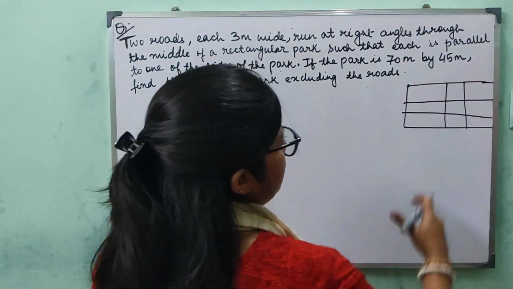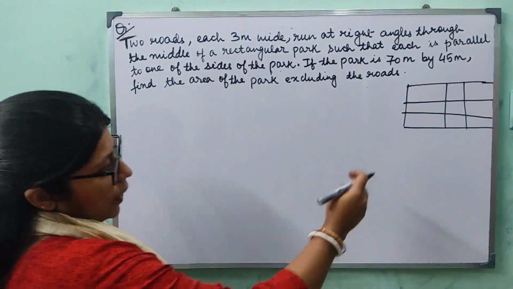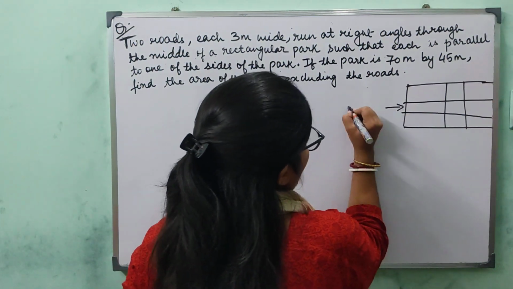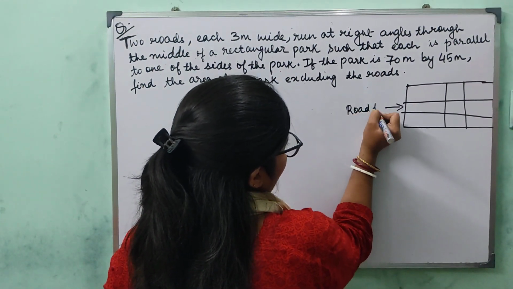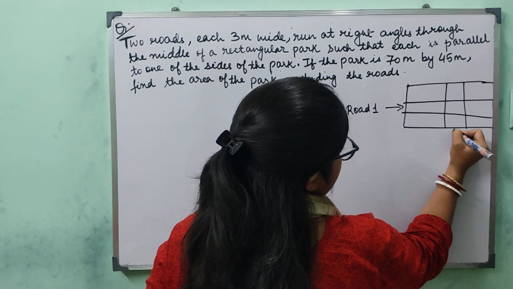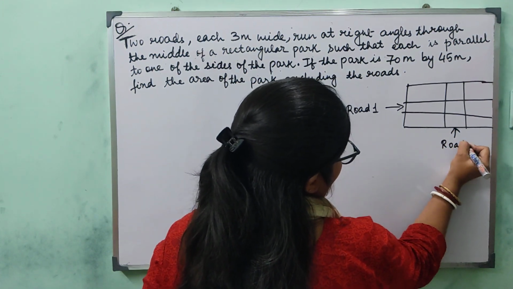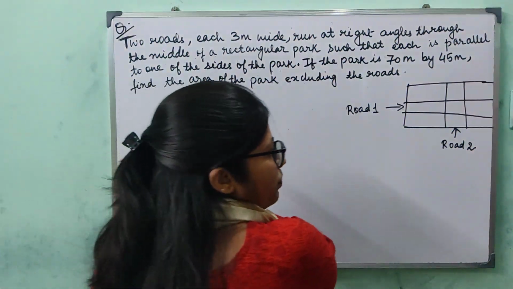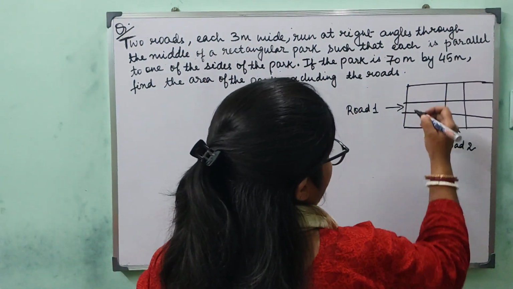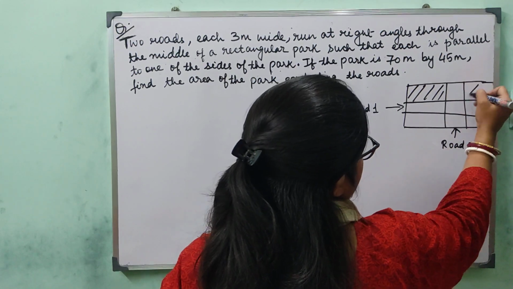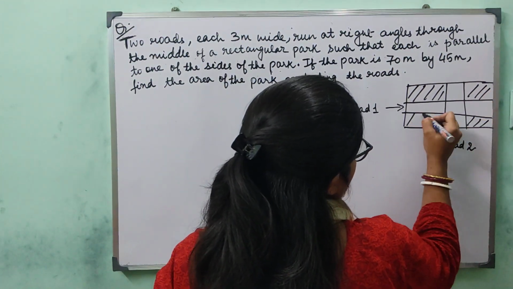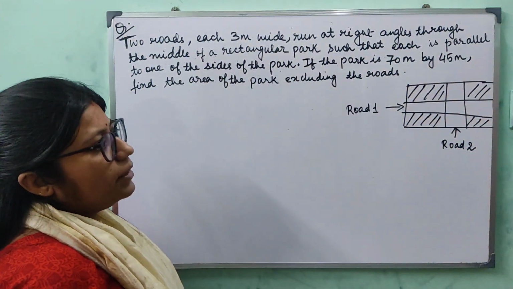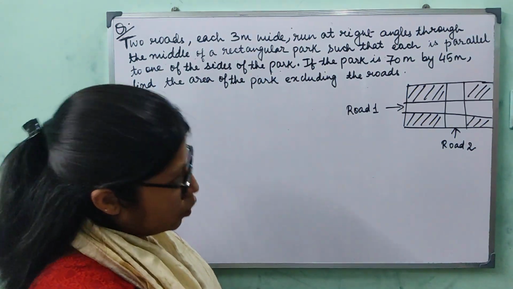Okay, so this is the rectangular park where I have said this is road 1 and say this is road 2. All right, is that clear? Now my objective is to find the area of this portion, that is the area of the park excluding the roads.